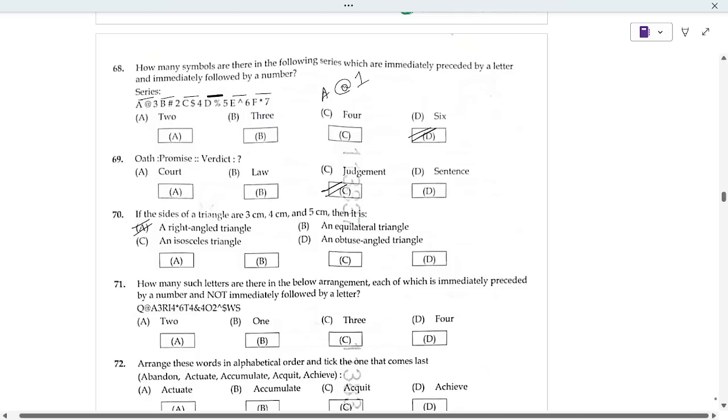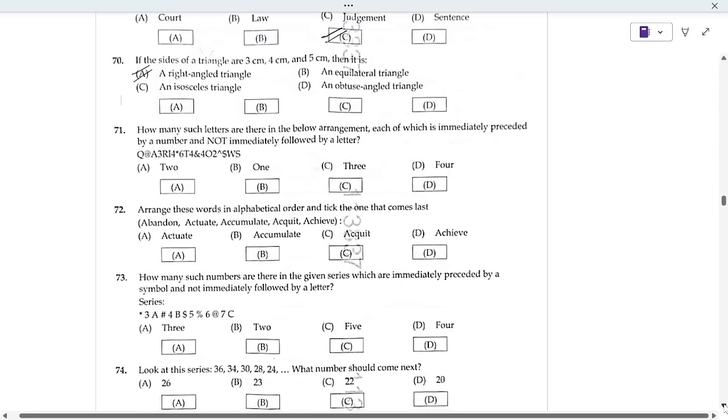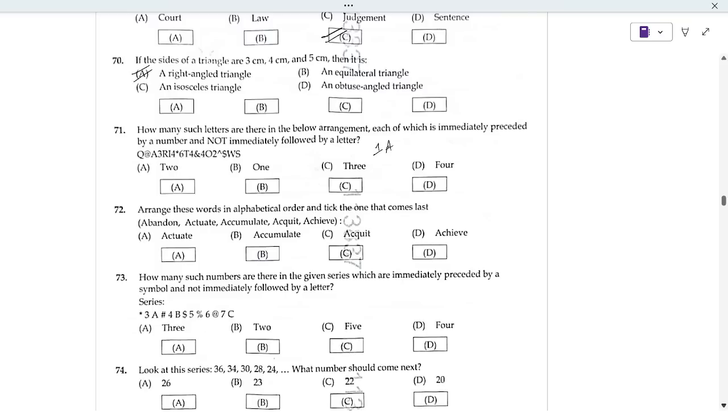Next is an alphanumeric series question. How many such letters are there in the below arrangement, each of which is immediately preceded by a number and not immediately followed by a letter?